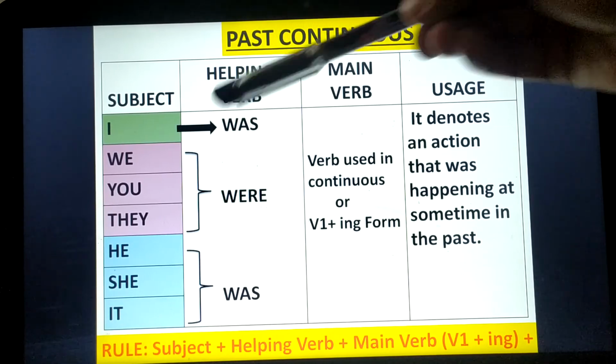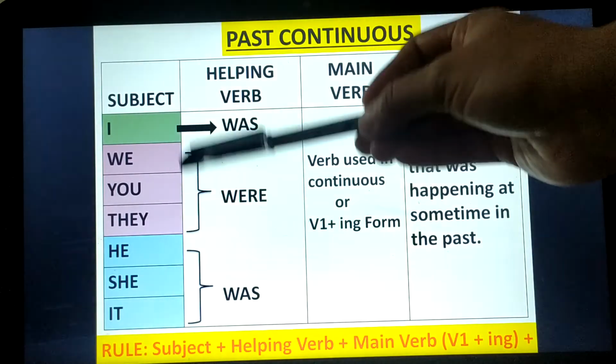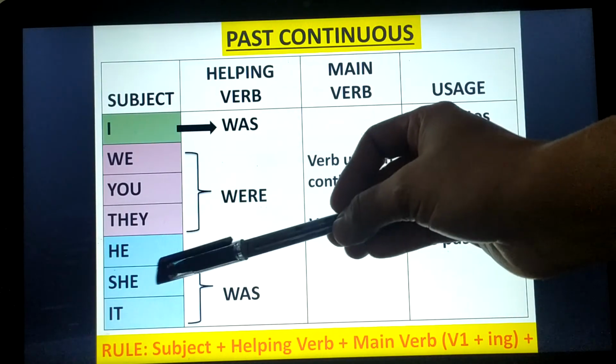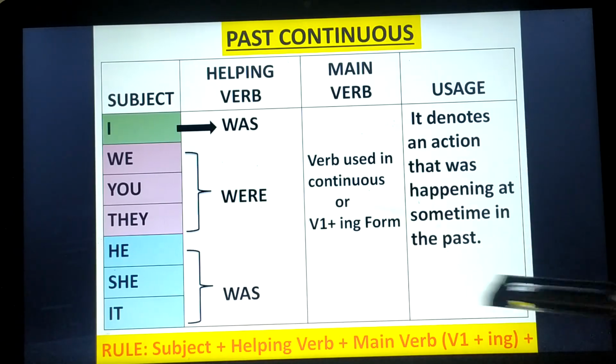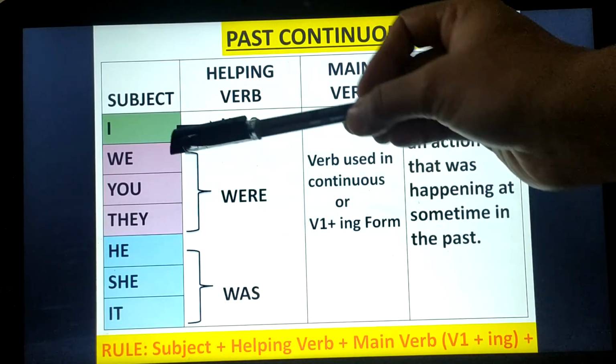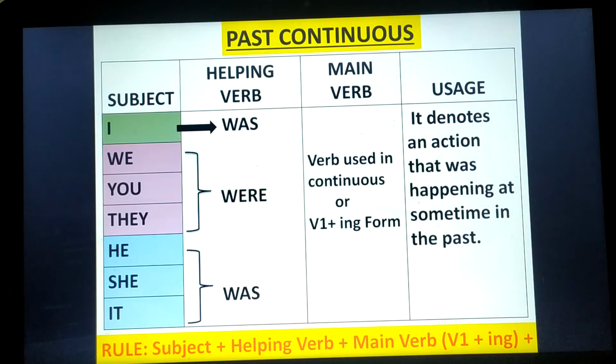For I, we have was. For we, you, they, in case of these plurals, we have were. And for singulars like he, she, it, we have was. So we can use was with I and he, she, it, and were for we, you, and they. And main verb which we use here after helping verb, that is verb plus ing.